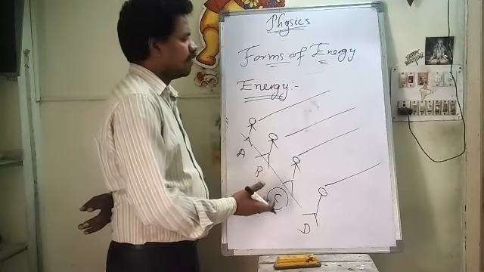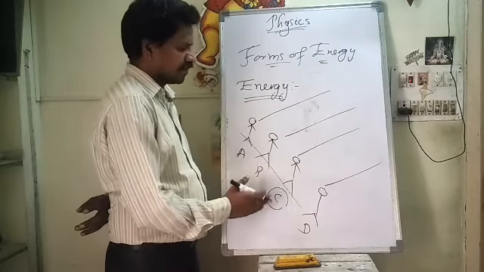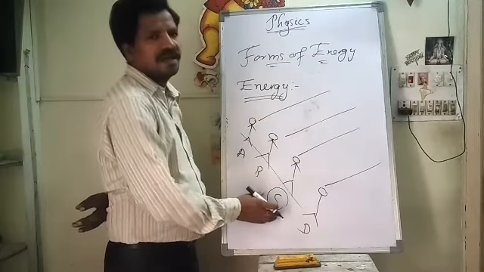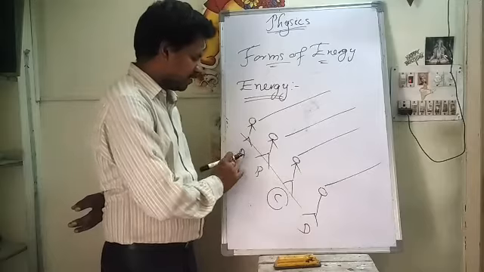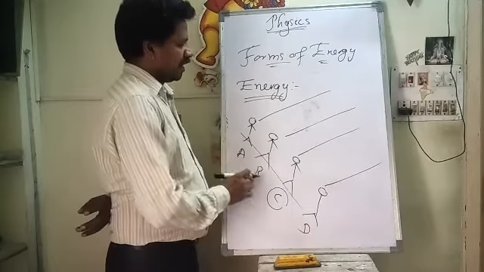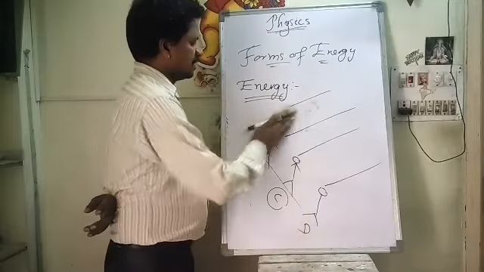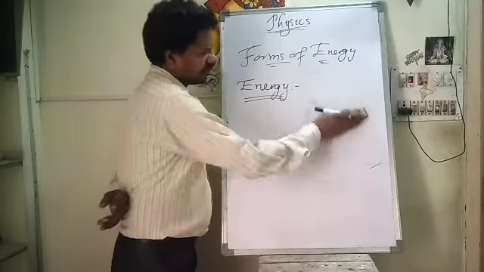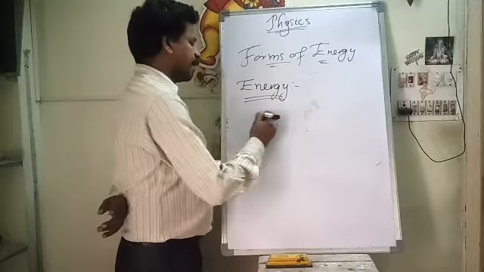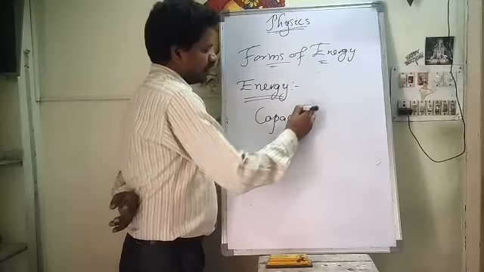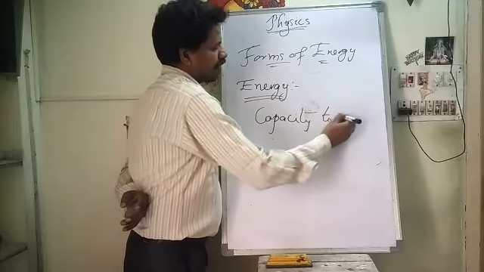You can also say C has a lot of energy compared to A, B and D. Here that means capacity. What is energy? Capacity to do work.